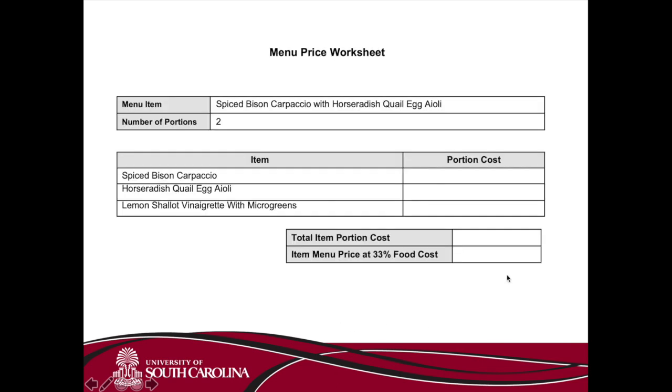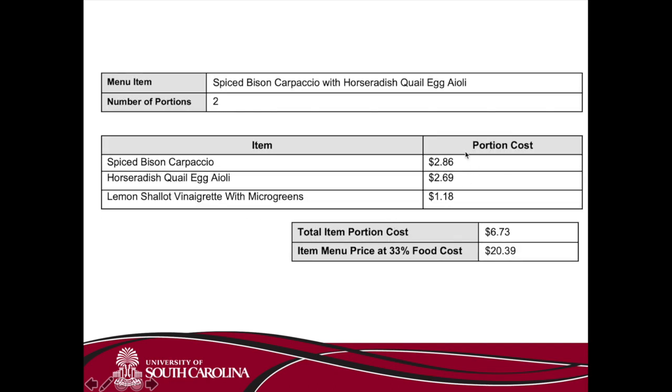So here on this page, we are concerned about our total menu price. We've got all of our items listed out: spiced bison carpaccio, our aioli, and our microgreen salad. Okay, we're going to put in there what our portion cost is for each one of these items.